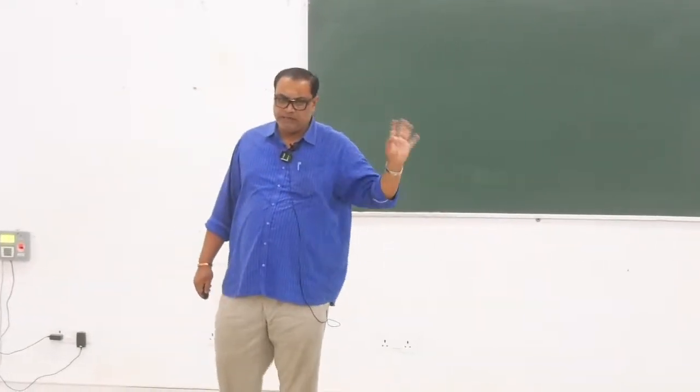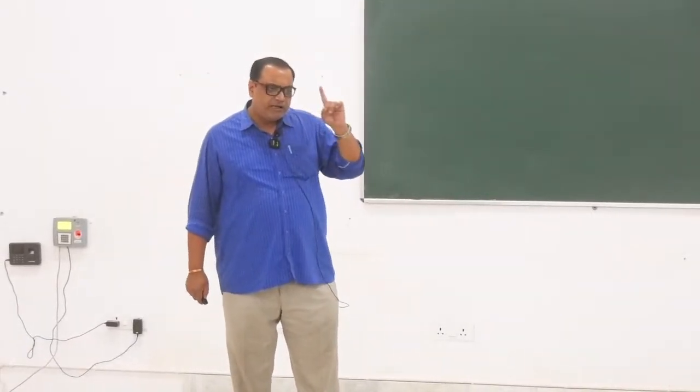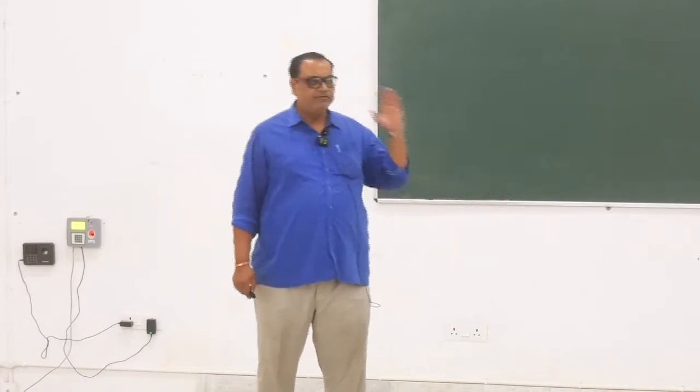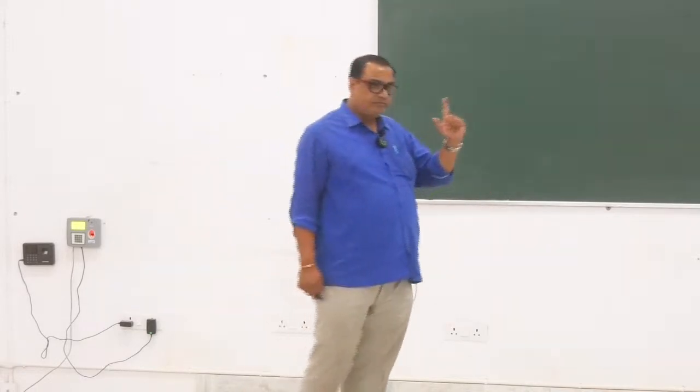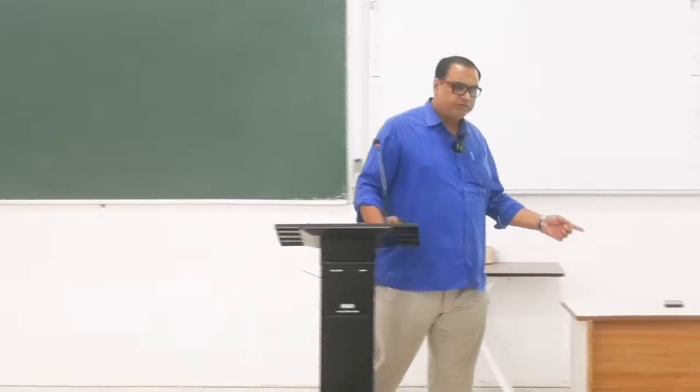You remember, it is not very easy. Out of 8 acetyl coenzyme A, 1 will be required as acetyl coenzyme A and the rest 7 will be required as malonyl coenzyme A. Why? Because it has to transfer, and it requires energy to transfer a molecule from one place to another.